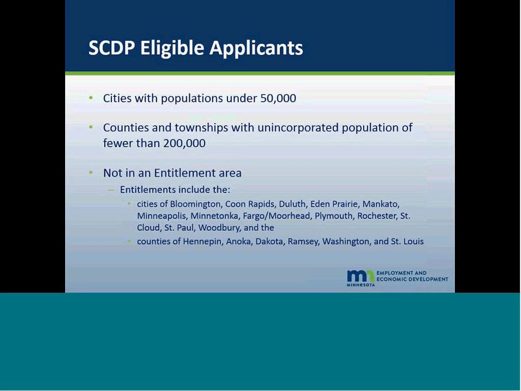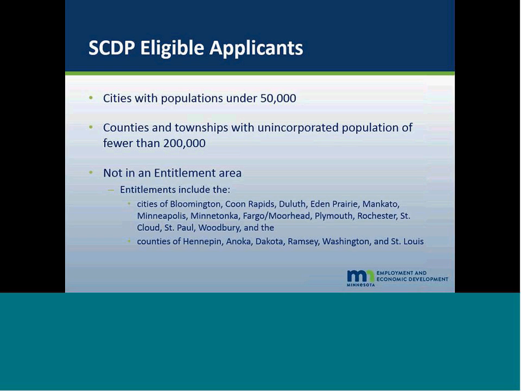Small cities eligible applicants. This is really important. City population under 50,000. Townships population of fewer than 200,000. Please look at this last point here. You should not be in an entitlement area.